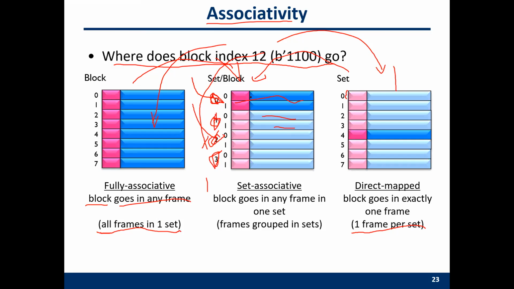But inside one set, you have two options. Inside one set, it's more like a fully associative cache, so you can choose any of these positions. But at the set level, it's like the direct mapped cache. You do the modulo operation, and you can only choose one set. Inside one set, you can treat it as a fully associative cache. In this way, you compare against fewer tags, but you can also maintain a reasonable cache hit rate.